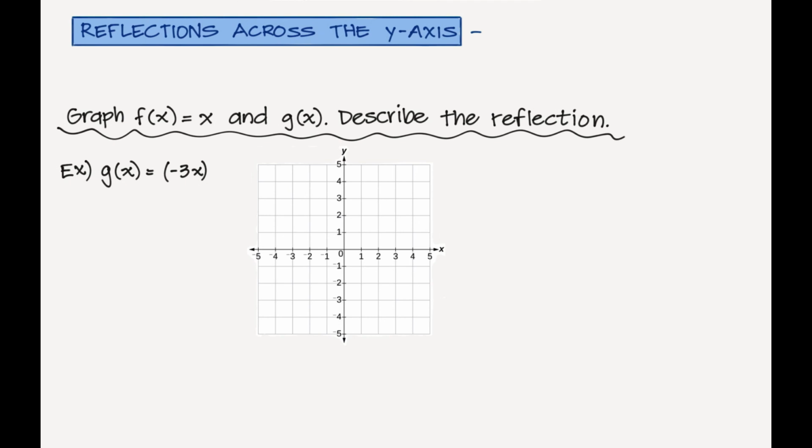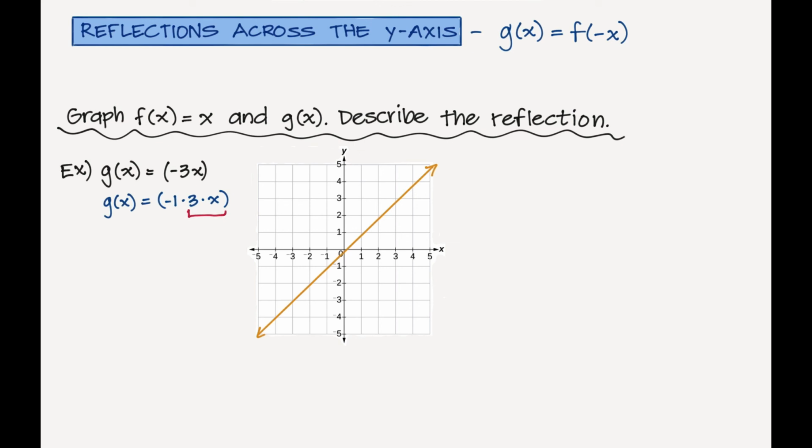Let's go ahead and look at now reflections across the y-axis. It's kind of similar. Again, we're going to be looking at the graph of g of x, but this time it's going to be the function when I plug in negative x. So there's my original function, f of x, and g of x this time, if I was going to rewrite this, then I would say that g of x is equal to, inside of the parentheses, -1 times 3 times x.